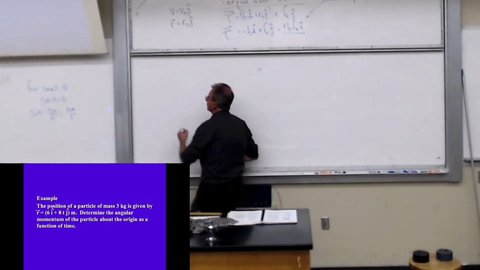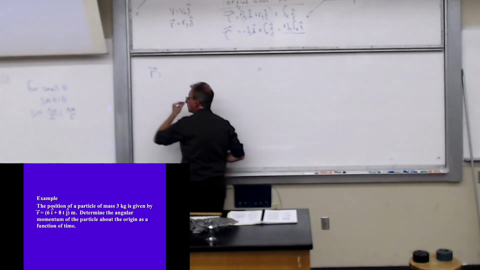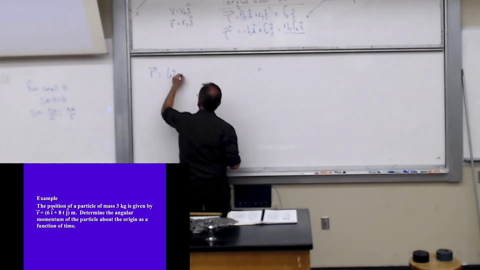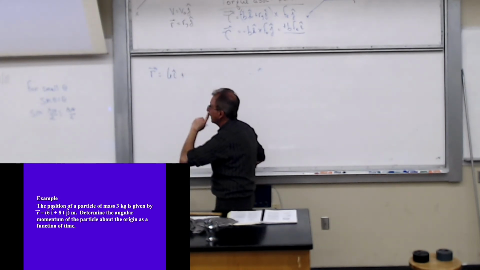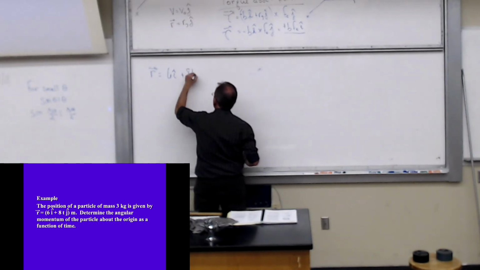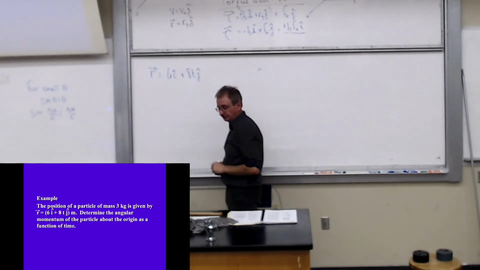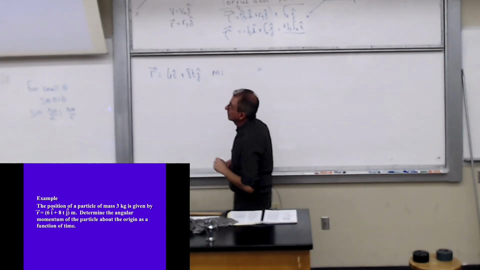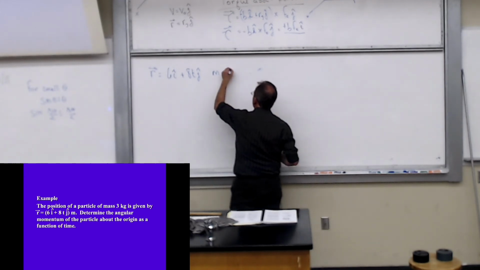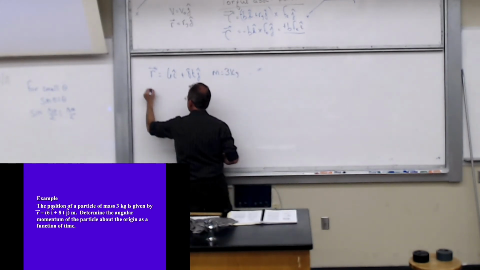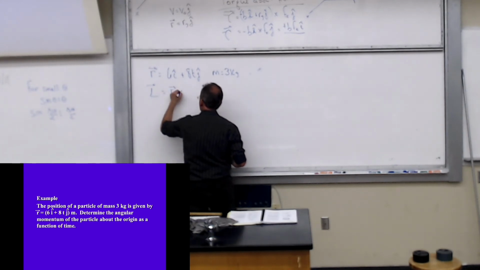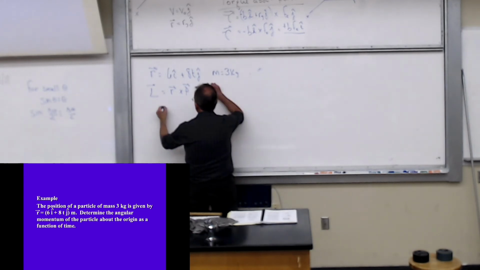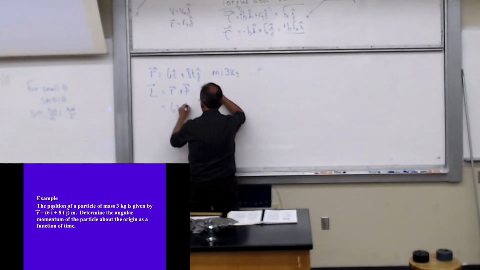We're given R equal to 6 i hat plus 8t j hat, and M is 3 kilograms. We want L, so that's going to be 6i plus 8tj.